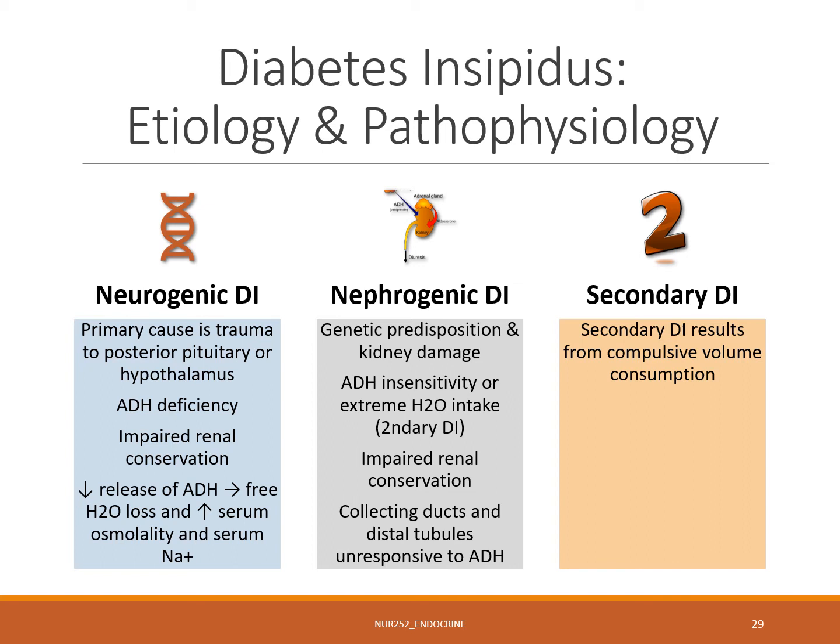Permanent DI occurs when more than 80% of the pituitary stalk is destroyed. Nephrogenic DI may occur in genetically predisposed persons. It is a condition where there is adequate ADH, but there is a decreased response to ADH in the kidneys.